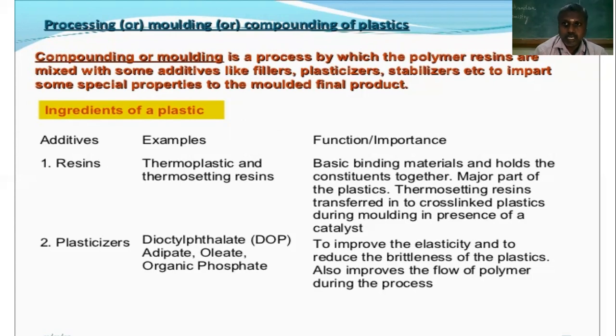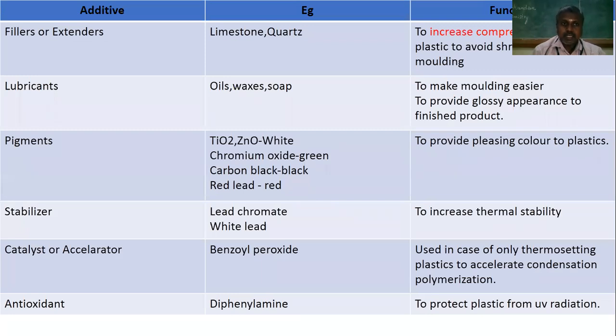So what are the examples? Diacetyl phthalate, adipate, oleate, organic phosphates. These are the examples for plasticizers.